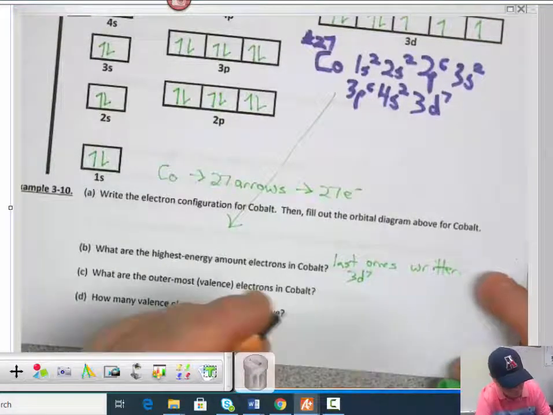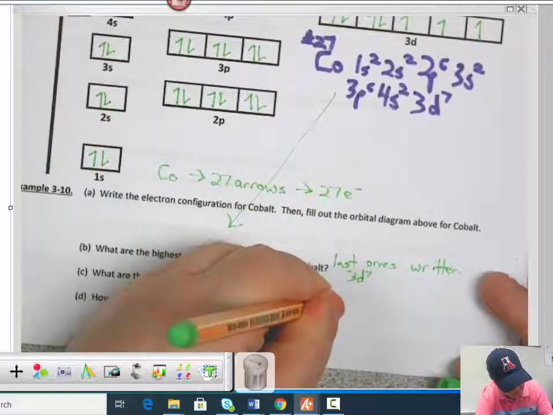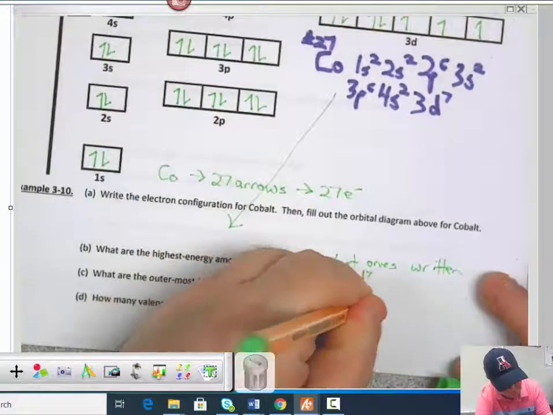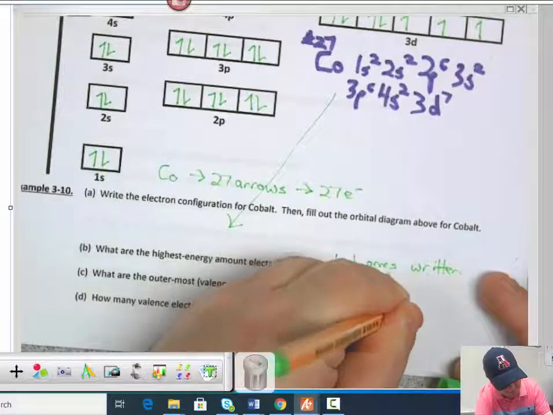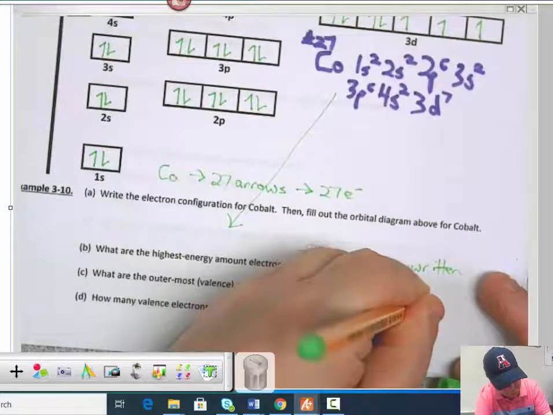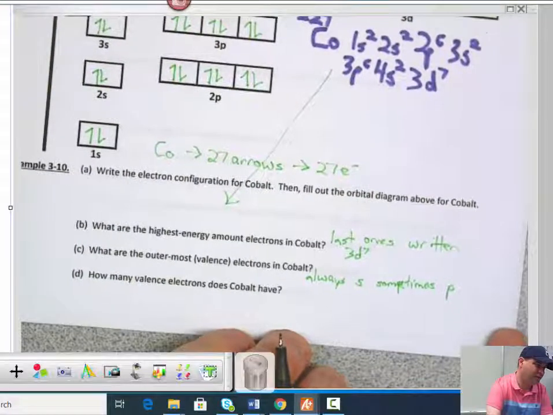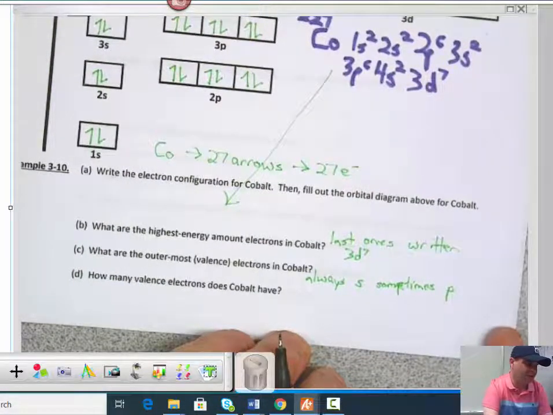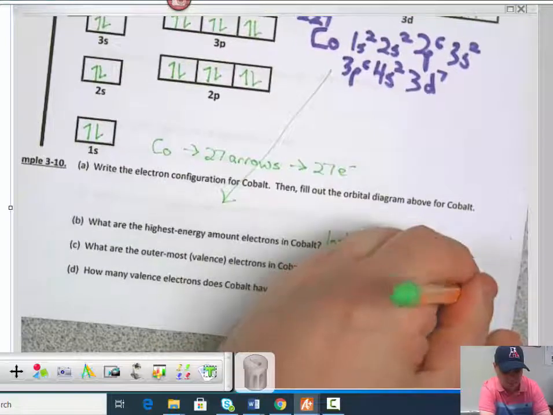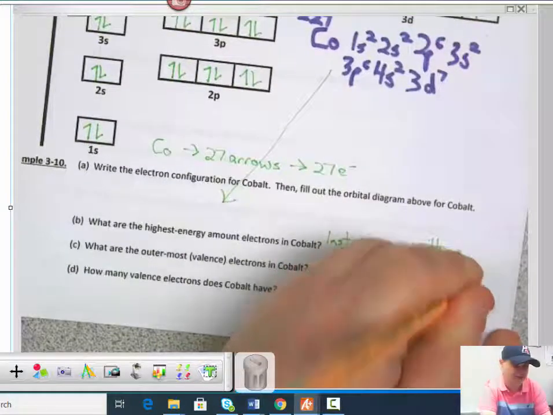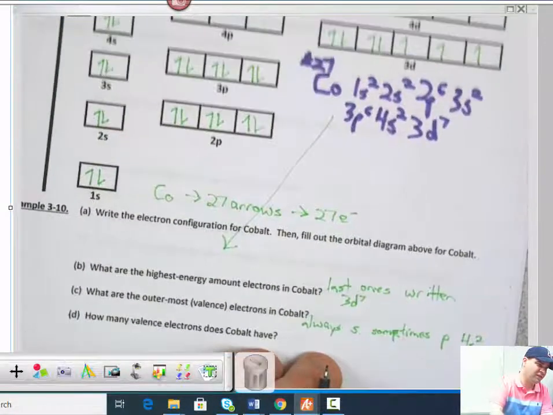These are always S, sometimes P, for neutral atoms. So this one is going to be 4s2. Let me give you a little explanation on that.